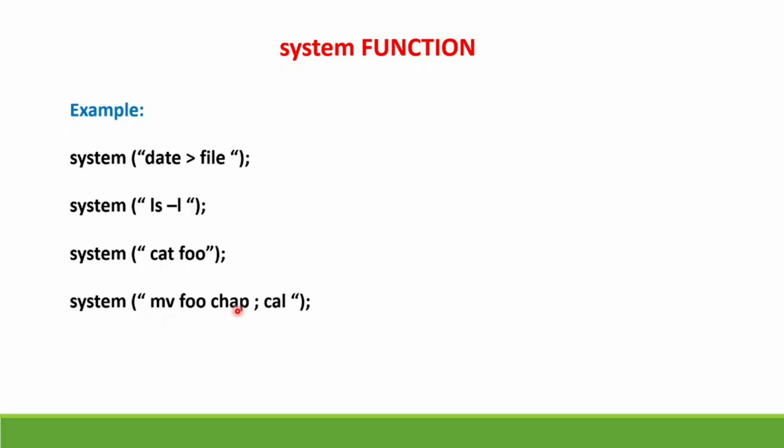Here the move command and the calendar command: more than one command is executed by passing them in a single command line to the system function, delimited by a semicolon. So this separates the two commands. This is one command, followed by another. These are some of the examples of the system function.